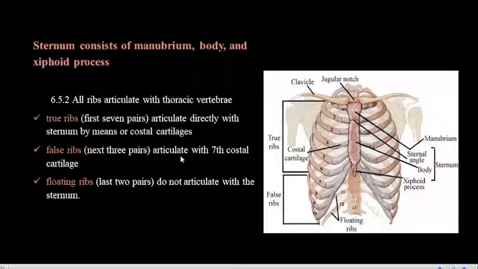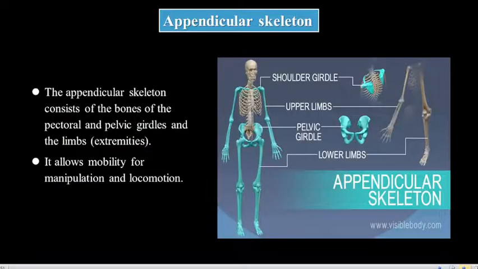They are not directly connected to the sternum, but rather, they are connected to the costal cartilage of the rib number 7. Okay, so nakikabit lang. And then, lastly, we have the floating ribs. The last 2 pairs, 11 and 12, that are floating, not connected to the sternum or sa costal cartilage at all. Floating ribs.